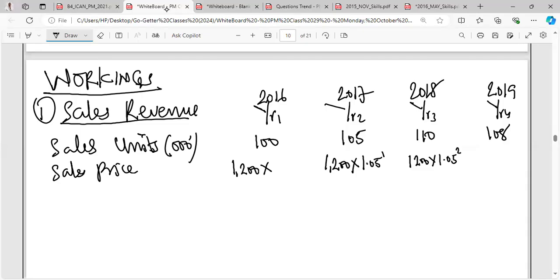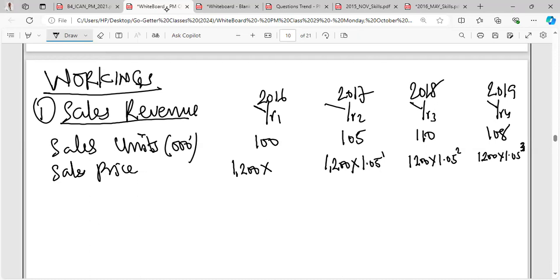And of course, this will be 1,200 times 1.05 raised to power 3. Now, I want you to observe there's a recurring thing here. There is an increase in this inflation 3, 2, 1.